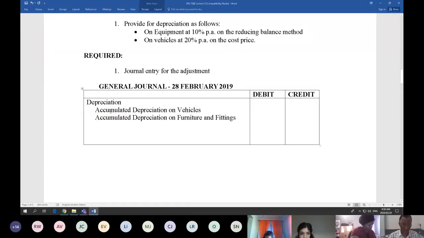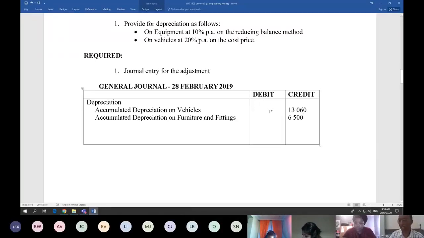And we have seen that the accumulated depreciation on vehicles will have to increase by 13,060 as we calculated that. We just change that. That should be 13,060. And the depreciation on furniture and fittings is the amount of 6,500 Rand.